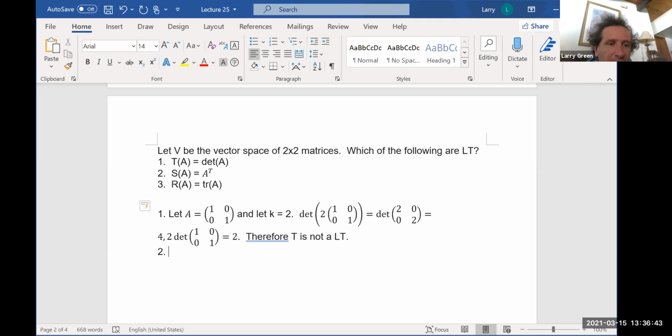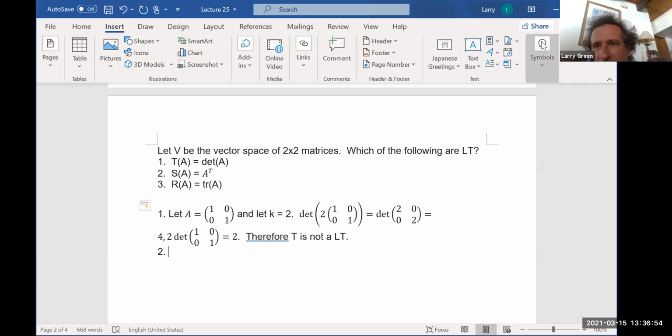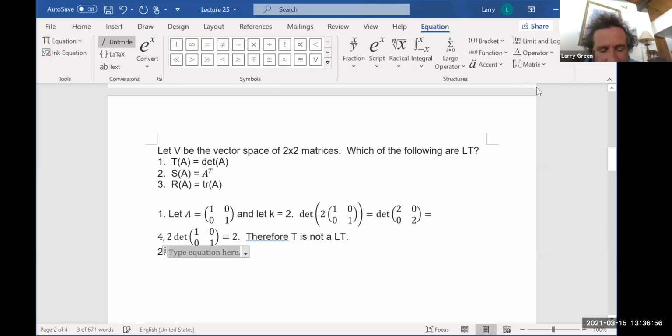Okay. So what we need to do is take 2 matrices. So we're going to have S of, that's messy.